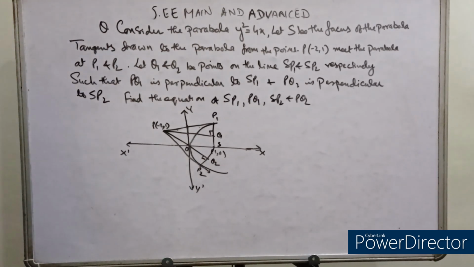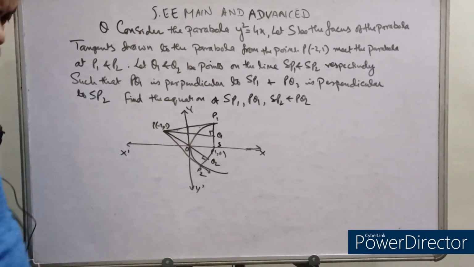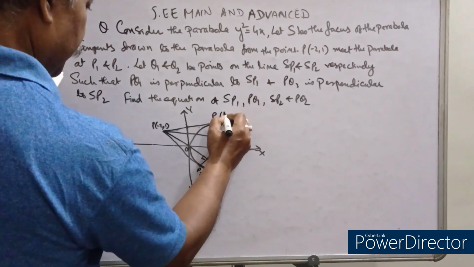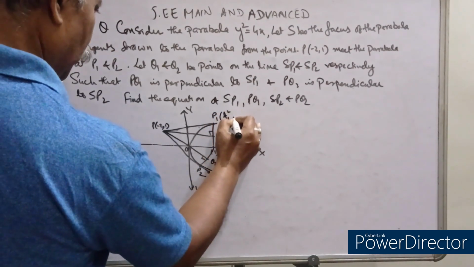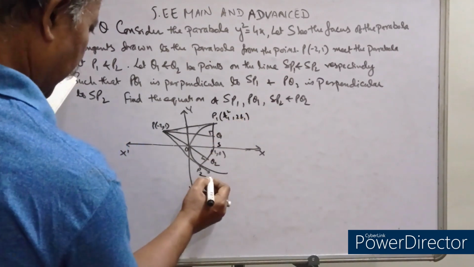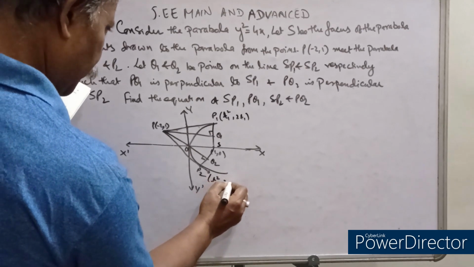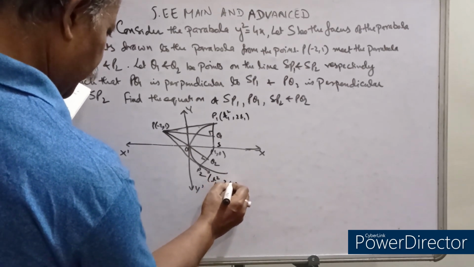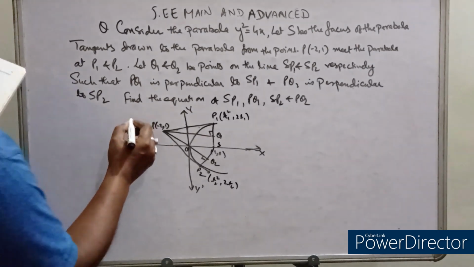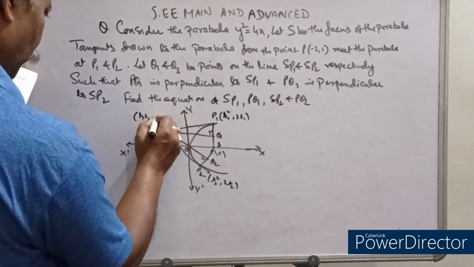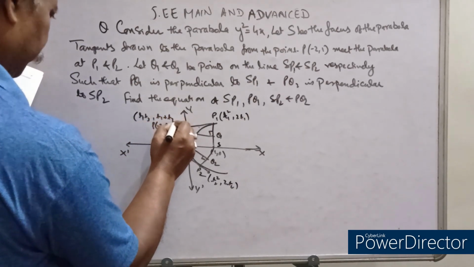So first of all, let me write the coordinates. The coordinate of P1 is (t1 square, 2t1), this coordinate is (t2 square, 2t2), and the coordinate of this point is (t1 t2, t1 plus t2).